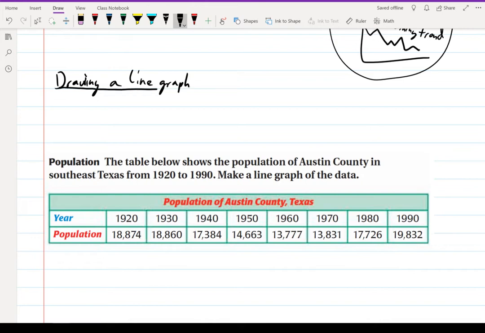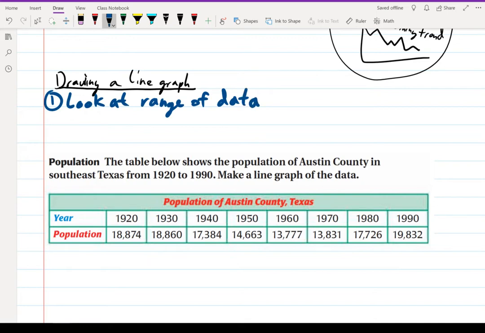There are several things that we have to do. First of all, one, we need to look at the range of the data. Okay, so we look at range of data.